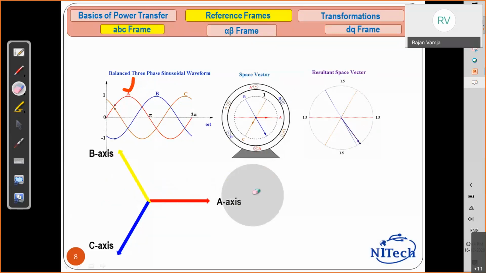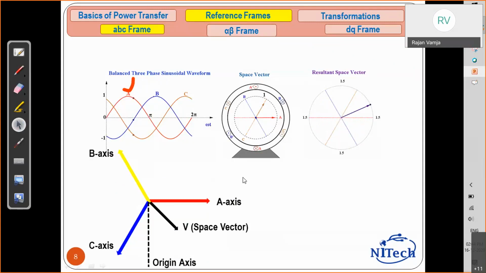If I play it again, you can see your A quantity is moving along the A axis. The A axis in space can be represented by this line. Then the B current is represented over the B axis, and the C current or voltage over the C axis.